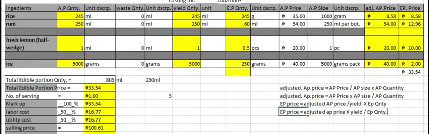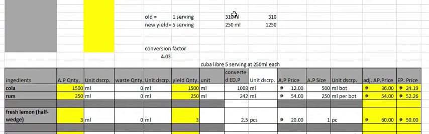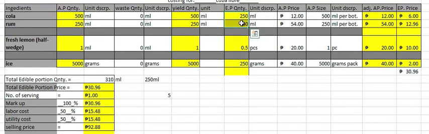Again, this recipe is good for one only, with 310 ml of measurement only. This 310 refers only to rum and coke, because these are the only ingredients that we are going to quantify, the only ingredients for which we need to get the conversion factor.